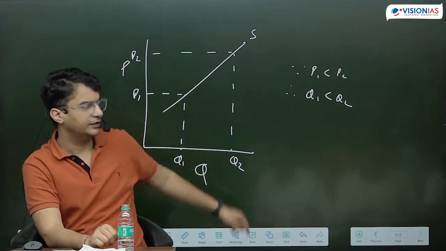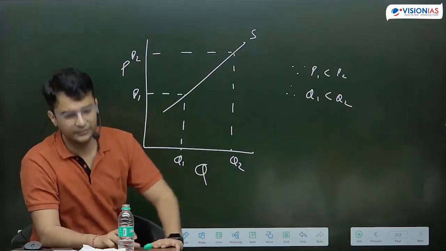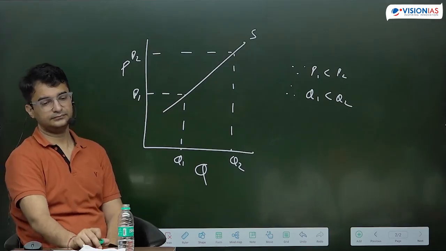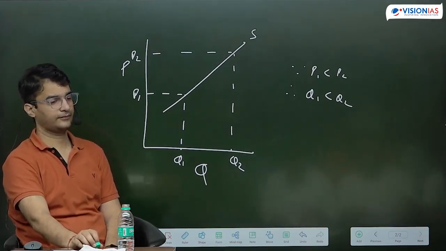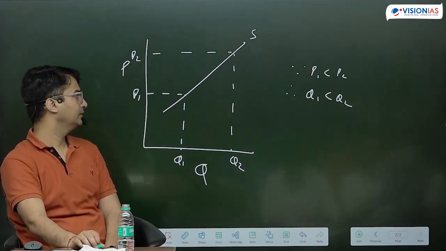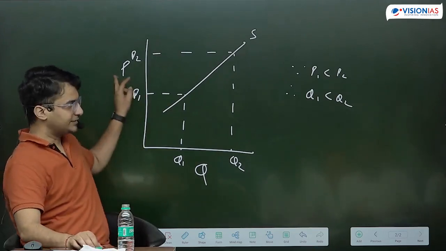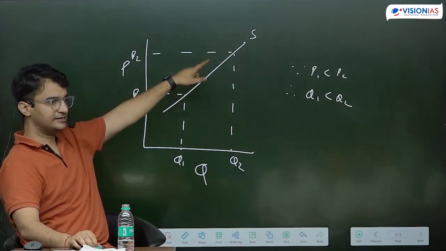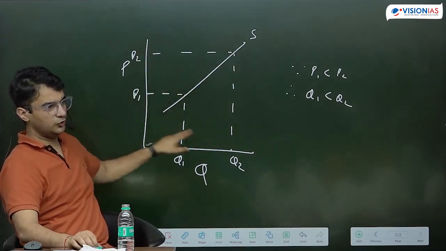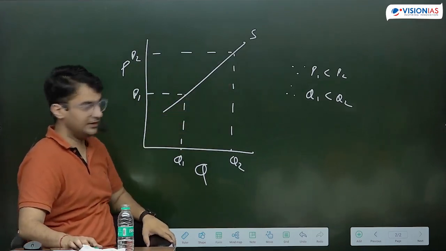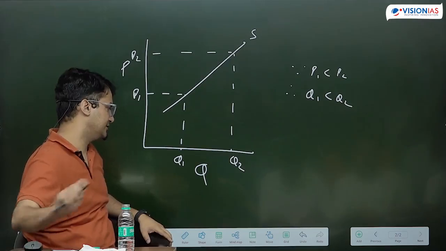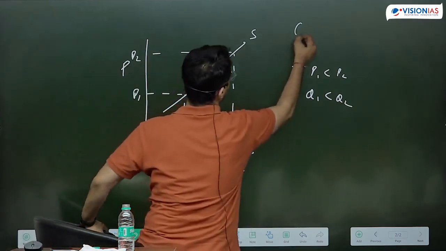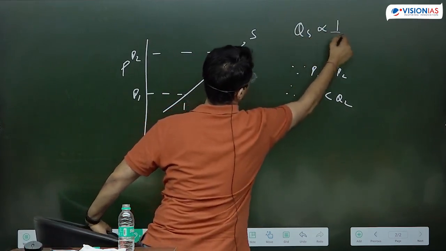Draw the curve, and then we'll write down about price. Y-axis price, x-axis quantity. Simply draw this supply curve S. P1, P2, Q1, Q2.